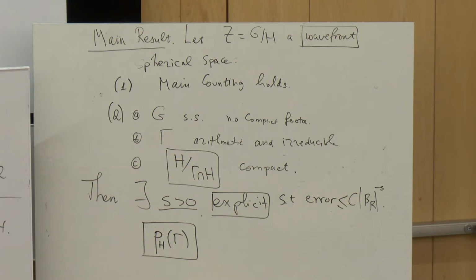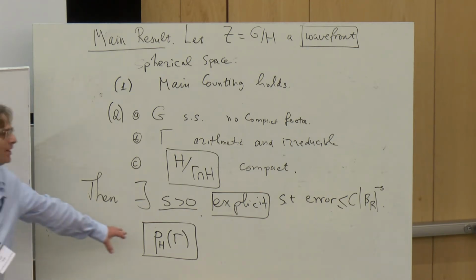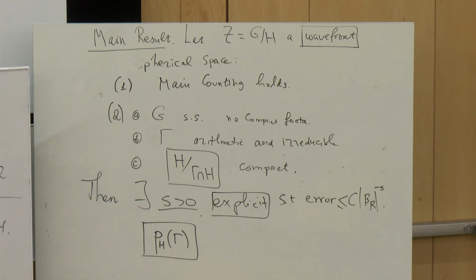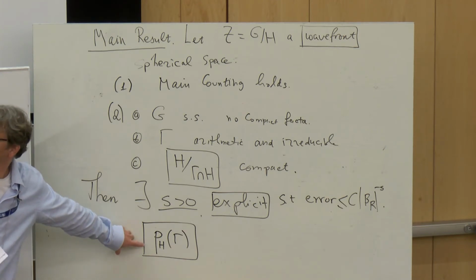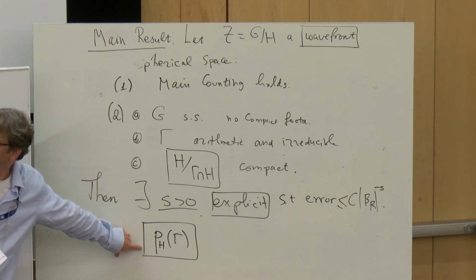So the approach to this result is through analysis of generalized matrix coefficients of unitary irreducible representations of G which are gamma automorphic. This exponent pH gamma looks at the spherical unitary dual of G and considers matrix coefficients which are related to H-distinguished automorphic forms.